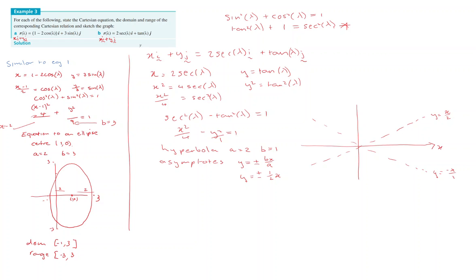Beautiful, x, y. Okay, now which side do they go? If you're not sure, just work out the intercepts. You'll either get x-intercepts or y-intercepts, you won't get both. So if we do the x-intercepts, we would make y equal to 0, and in your Cartesian equation, you'll have x squared on 4 is equal to 1. So x squared will be 4, so x will be plus or minus 2.